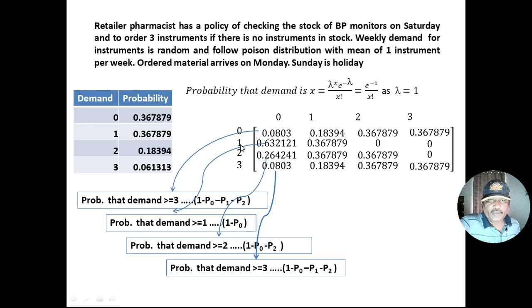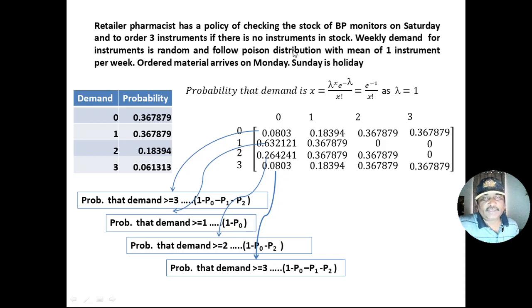There could be one, two, or three monitors when he reviews. And in his review on the next Saturday, the states could be the same: zero, one, two or three monitors. Now that I know the states, I have to fill in the 4 by 4 matrix, showing how the states change from 0 to 0 over a period of a week. That is what is to be done.